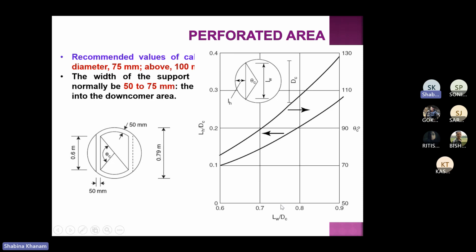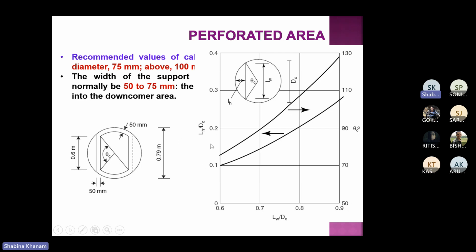So chord length or weir length by DC, let's say 12%, for that we can have this value, 0.77, and that we can consider over here to find out LH by DC. And when you consider this above curve, you can find out the theta c value.